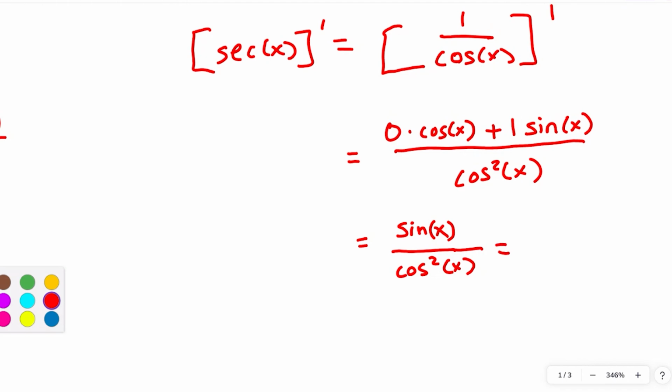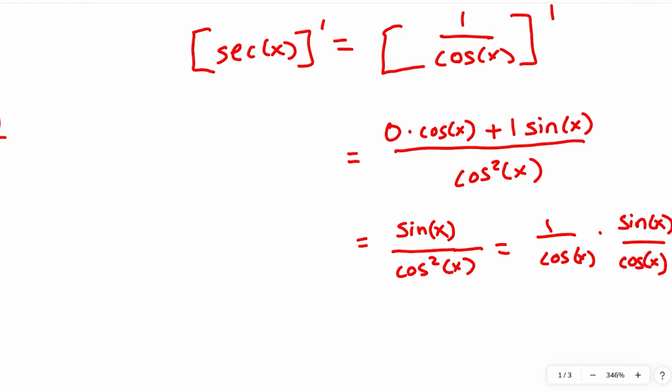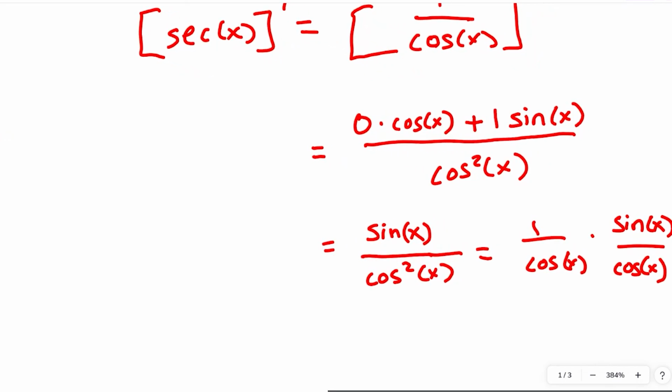So it'd be 1 over cosine times sine over cosine. 1 times sine is sine. Cosine times cosine is cosine squared. So that checks out.